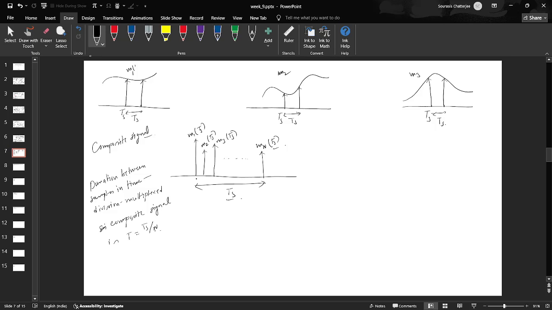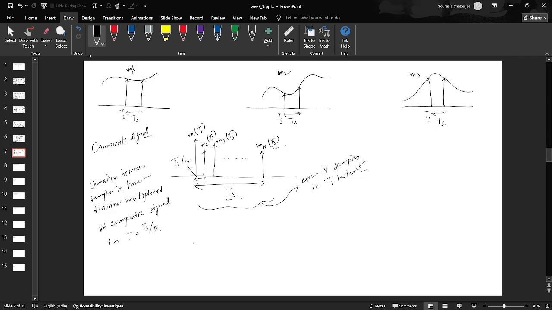So I was talking about each of these gaps. This is Ts over n, because you are going to cover n samples in the Ts instant. So you can also intuitively see that the sampling frequency of the composite signal has now become n times.